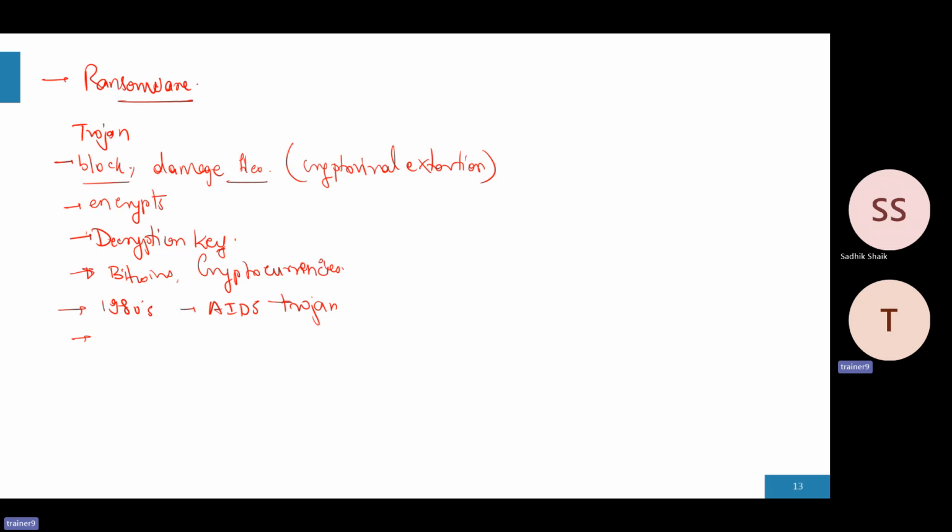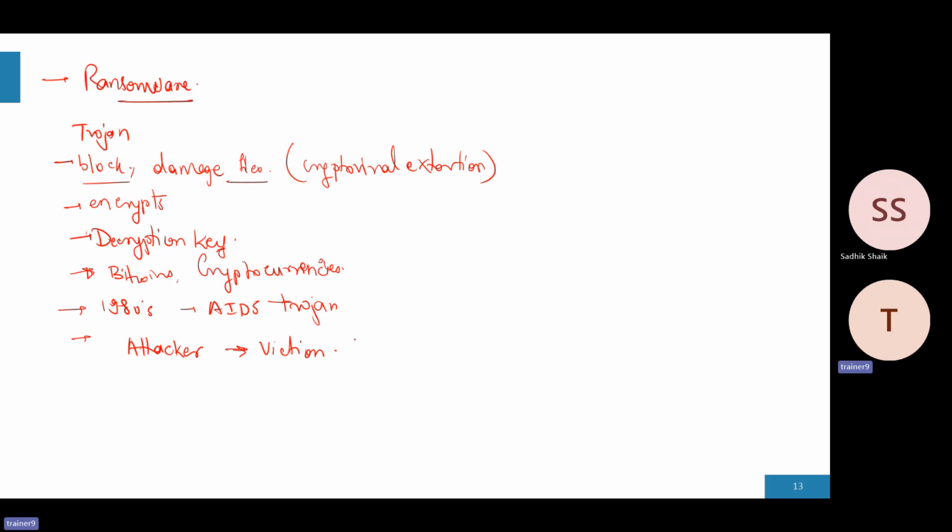Now, this is how the entire thing works, as I mentioned. There are two main components: you have an attacker and you have a victim. The attacker tries to attack the victim.